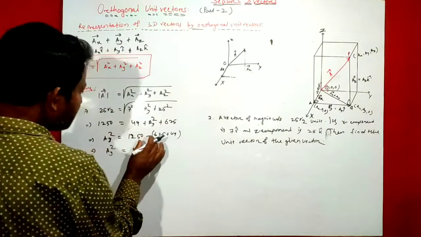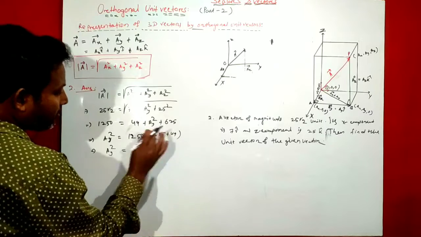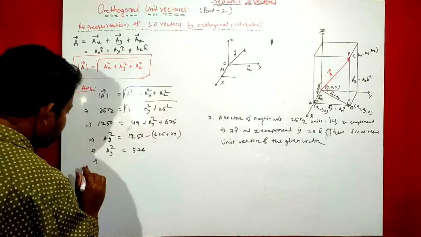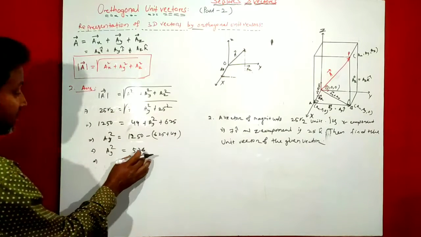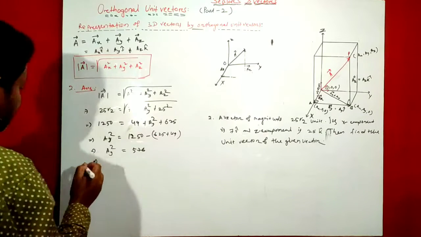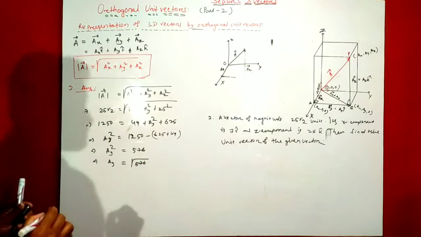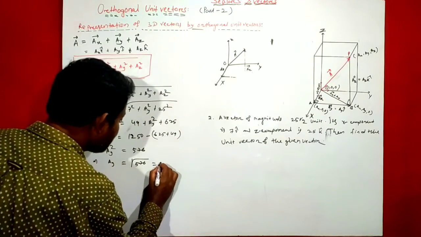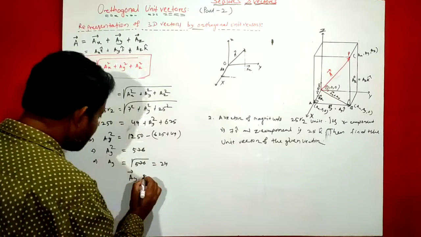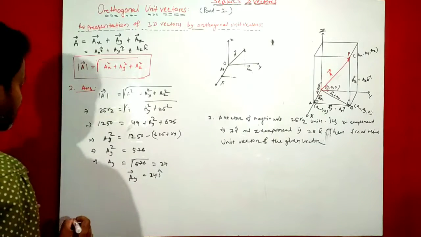If you subtract 625 from 1250, it gives 625, minus 49, that is equal to 576. Agree with me, guys? This is right or not? Perhaps yes, guys. Next, a y is equal to the square root of 576, that is equal to 24. That means the a y vector is equal to 24 j.